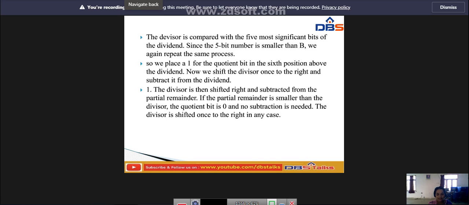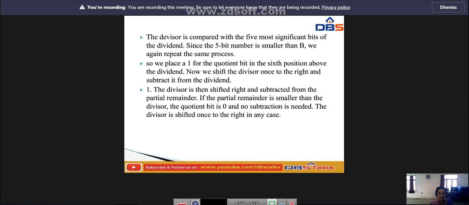When comparing the remainder with the divisor, the process continues. If the partial remainder is greater than or equal to the divisor, the coefficient bit is 1, and the divisor is shifted right and subtracted from the partial remainder.